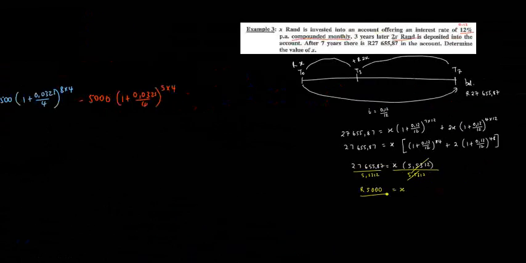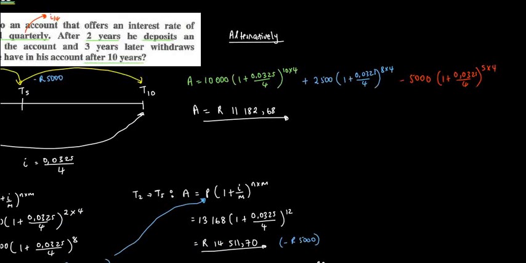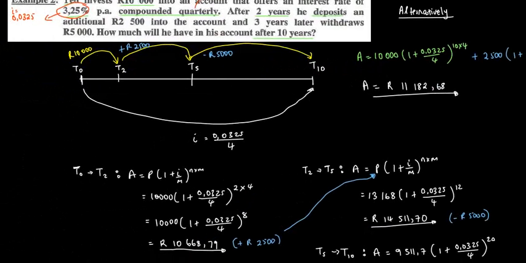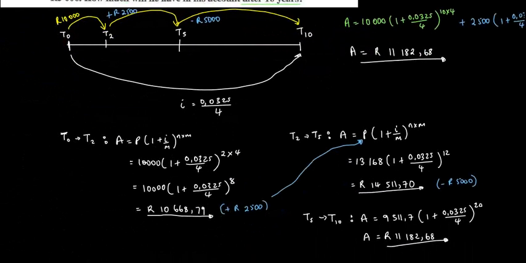Okay? So if you want to say that the 10,000 stayed for 2 years, then you must use this longer method, whereby I'm saying 2 years, the 2,000, the plus 2,500, and this 10,000 stayed for how much? It stayed for 3 years.